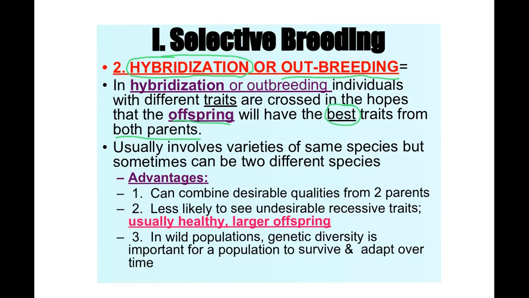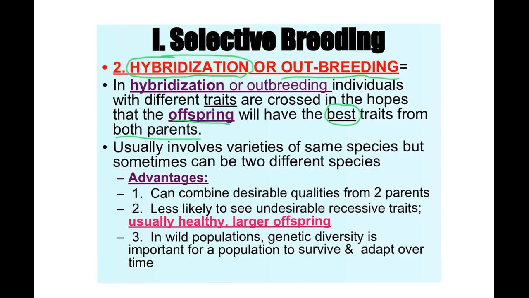An example of this is if you grew strawberry plants. Strawberries, their fruit of course tastes really, really good. But when you raise or grow strawberries, if the temperature gets too low, the strawberry plants will die. So you could try to cross-pollinate your strawberry plants with a different plant that, say, lives maybe in Alaska that can survive in the snow.